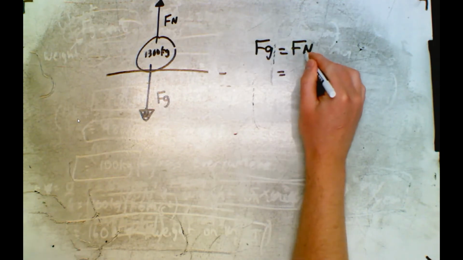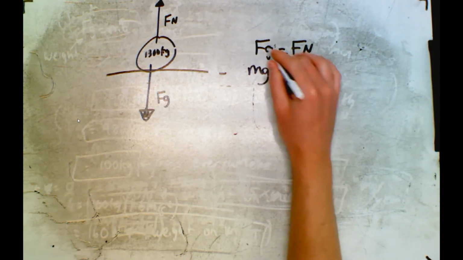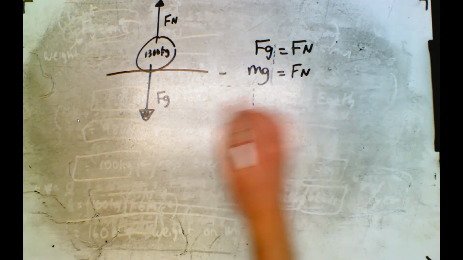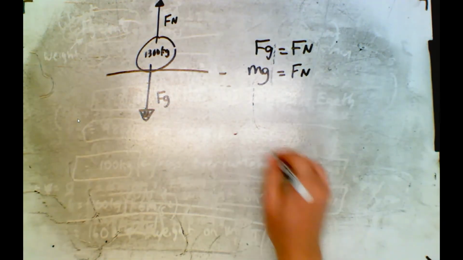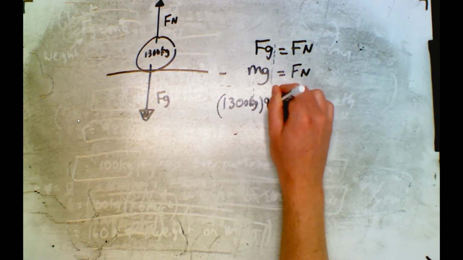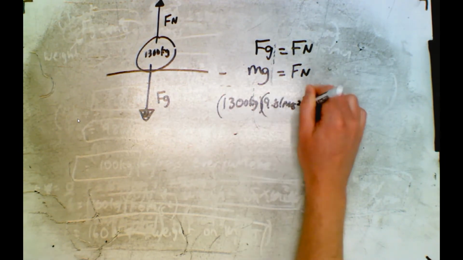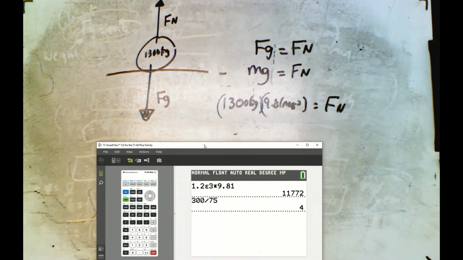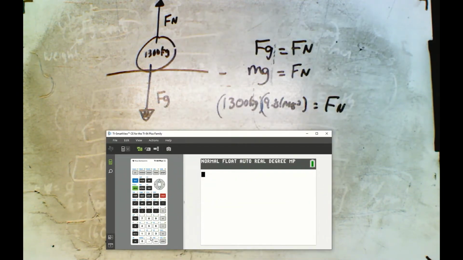We don't have a formula for force normal, but we do have a formula for Fg. We can break this down and say that Fg is equal to mg. So mg is going to equal this, but it's also going to equal this because they're the same. So I just have to go 1,300 kilograms times 9.81 meters per second squared, and I can find that force normal. So if I do that, 1,300 times 9.81, I end up getting this.